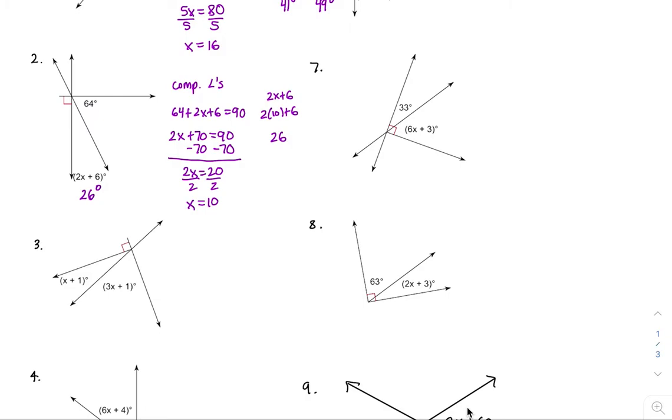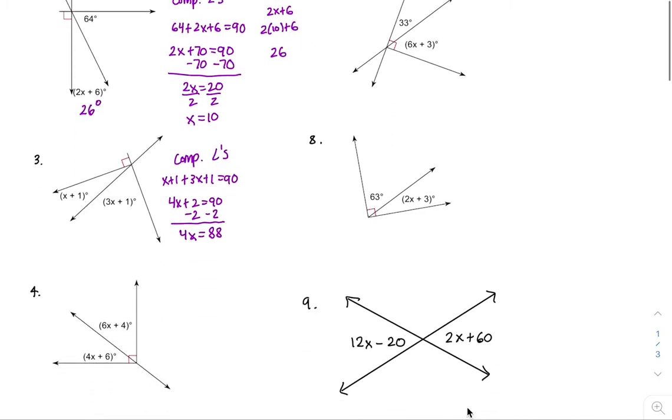Number 3. Alright, so these are complementary angles. I'm just going to shorthand it. That means they add up to 90 degrees. So x plus 1 plus 3x plus 1 is equal to 90. Collect like terms, so 4x plus 2 equals 90. Subtract 2 from both sides and then divide both sides by 4.